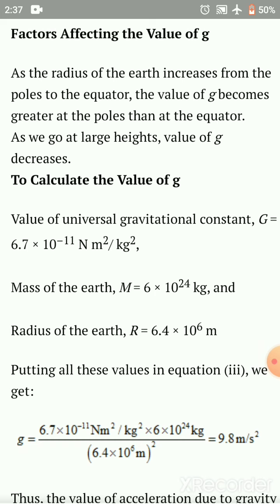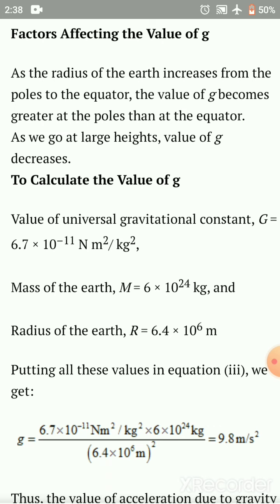As you know, small g is acceleration due to gravity. As the radius of earth increases from poles to the equator, the value of g becomes greater at the poles than at the equator. We know that the shape of earth is not properly spherical. The radius of the earth is more at the equator as compared to the poles.